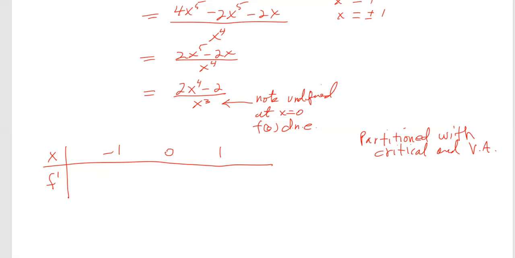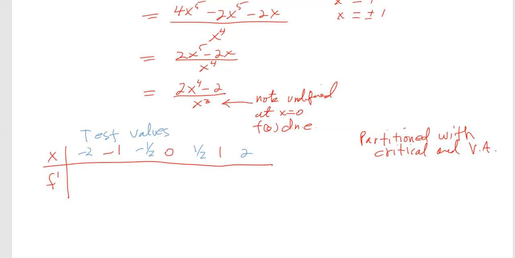Now, let's pick the test points. This is the next part of the routine here. So I'm going to pick test points. I need a point to the left, -2. Need a point in here, -0.5. Need a point in here, 0.5. Need a point here, 2. So these are going to be my test values.